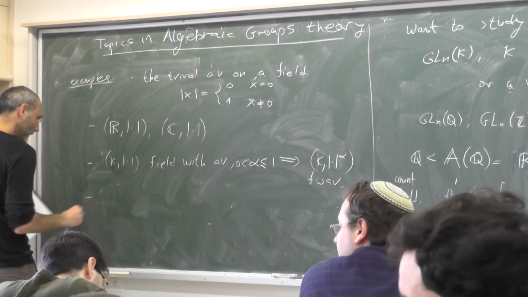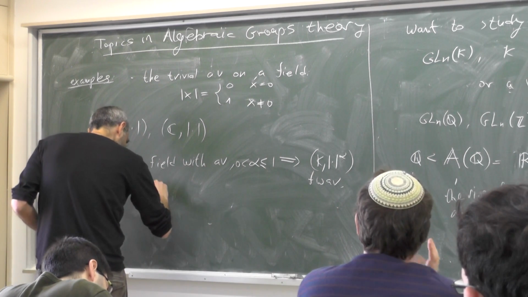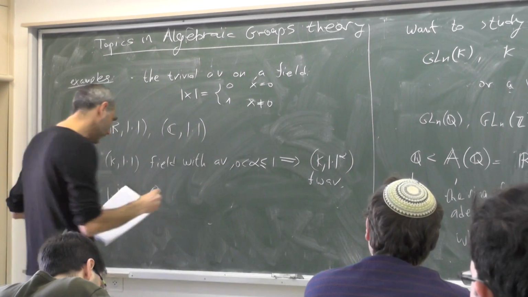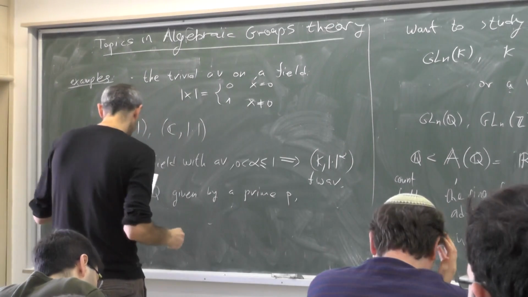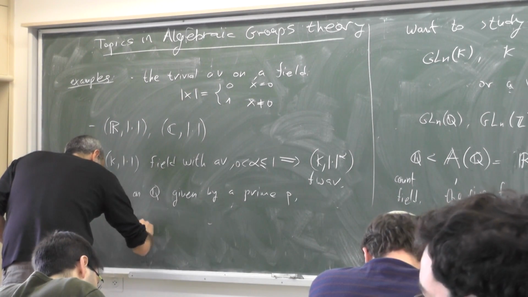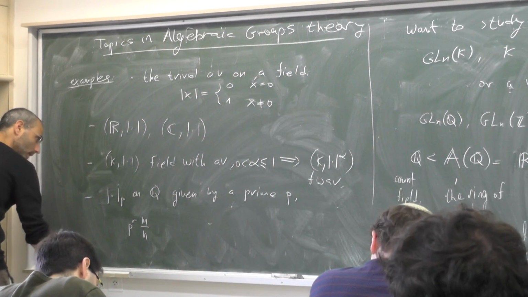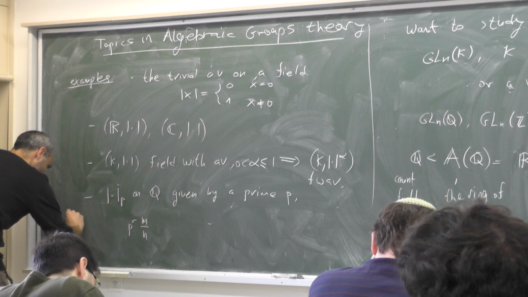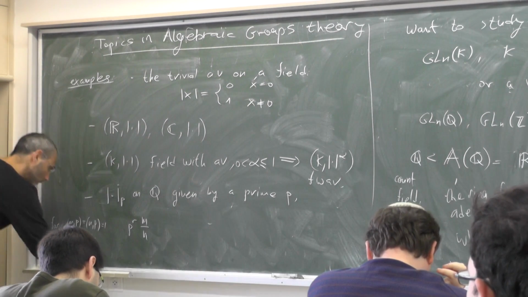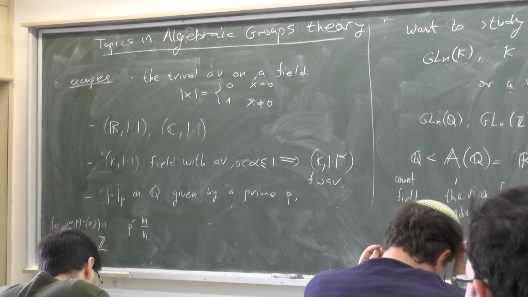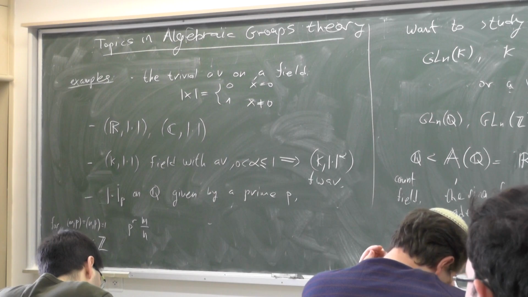Okay, so here is another example. Take the p-adic absolute value on Q, for a prime p. Every rational number I can present uniquely in this form: I can take p to some integer power r out, and then get a fraction with numerator and denominator prime to p.